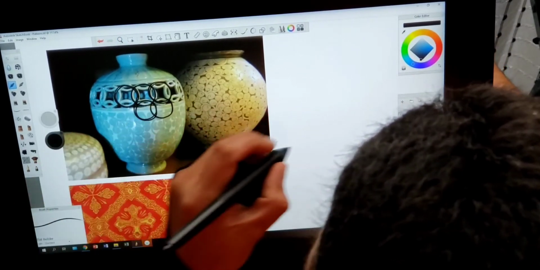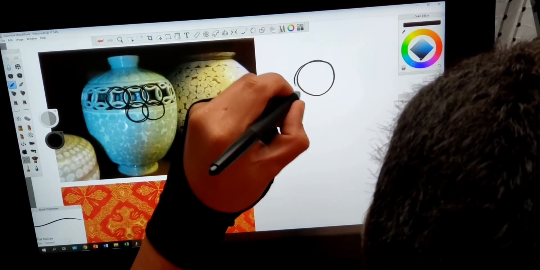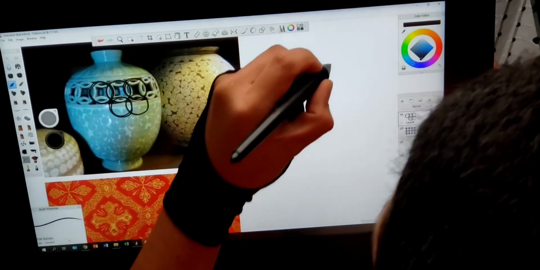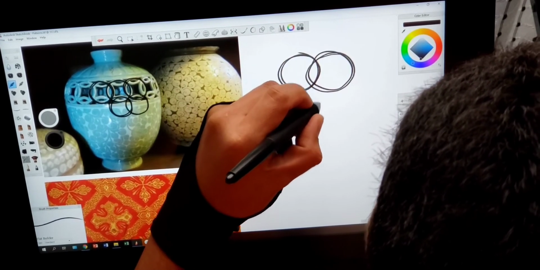So basically what you're going to see is a pattern of circles all together, pretty much like this.